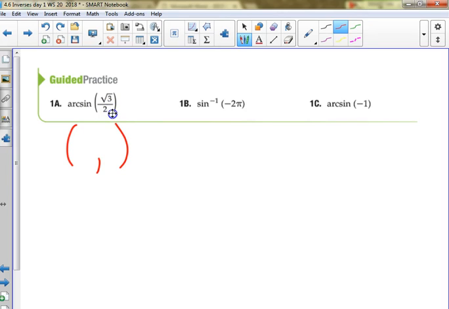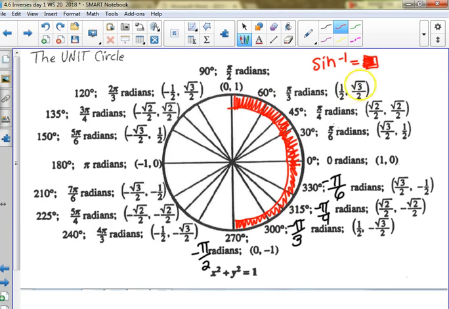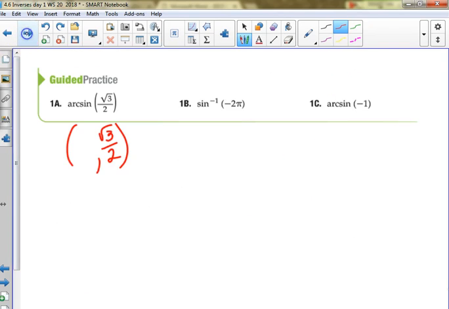Yes, it's going to be in quadrant 1, but I want to see this exact number in which spot here. Why do I know that? Yes. All right, so I go to my unit circle and I find that in a sine position that's colored red at pi over 3, and I write down pi over 3.